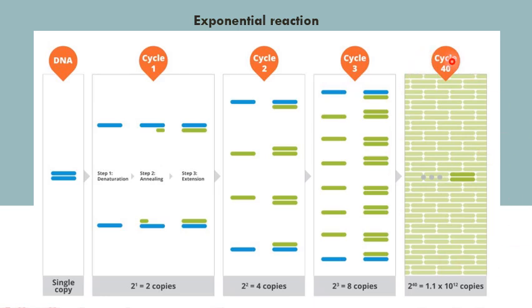That's why the more cycles you have, the more amplified sequences as your assay needs. Some assays are enough with 28 to 35 cycles, depending on the amount of DNA copies you require.